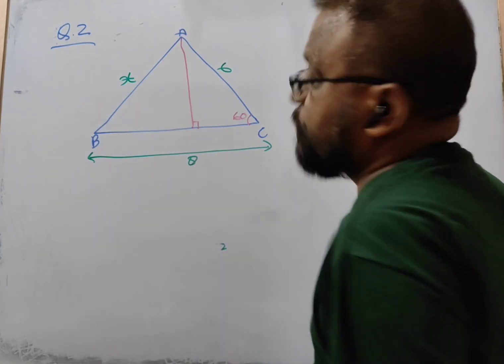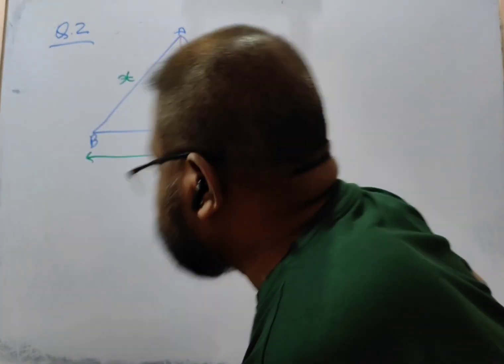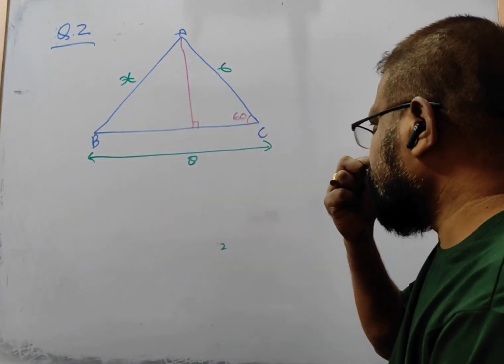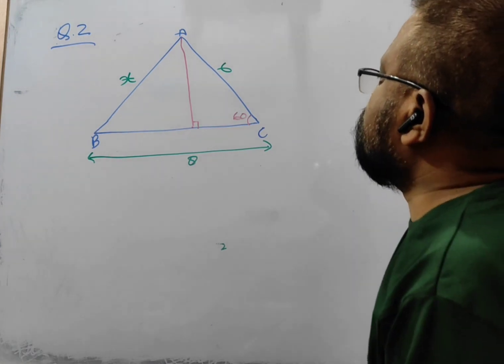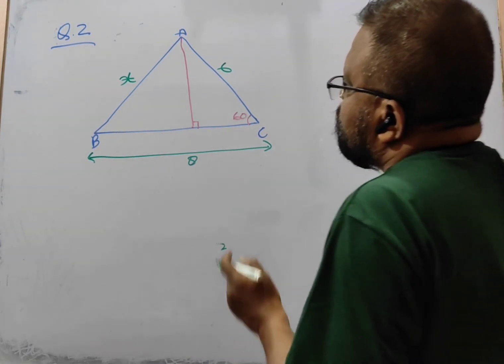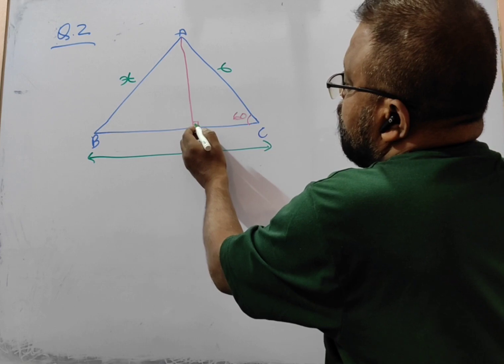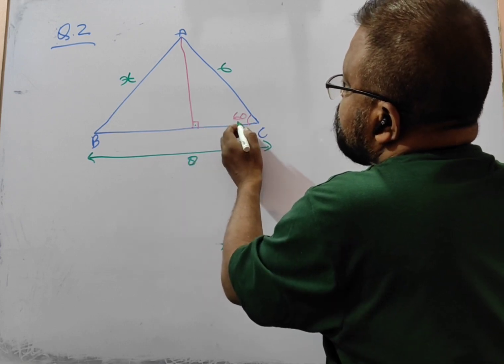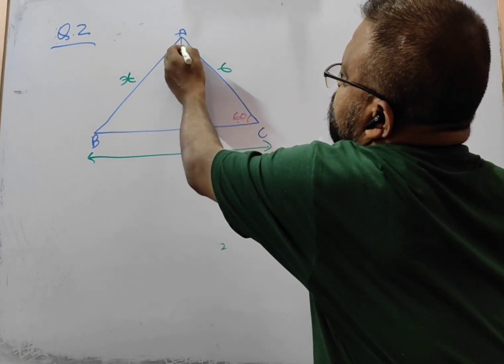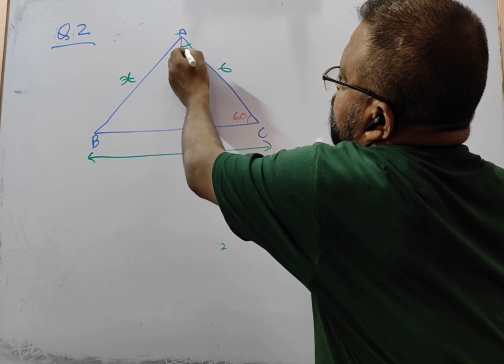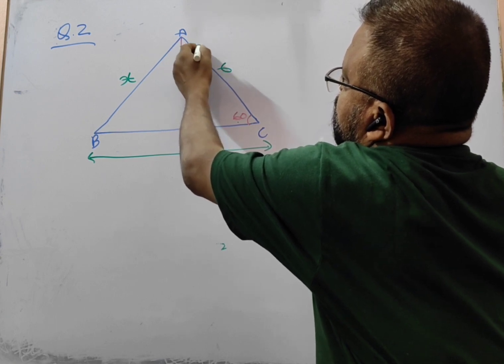Okay. So this is of 90 degrees, this is of 60 degrees, so this will be of 30 degrees, right?